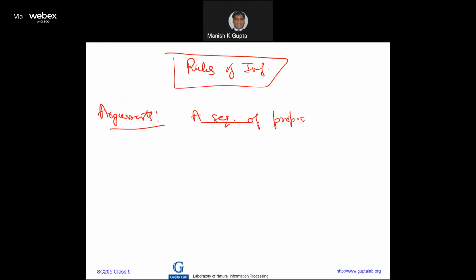So what are these fundamental arguments in your daily life? You can observe that there are certain very, very fundamental things for which you don't have any counter argument. I'll give you just one example. One very simple example is, if I say that in our daily language, whatever is happening is predefined. So this is a statement. Now, can you provide a counter argument to this? You say, no, I have free will.